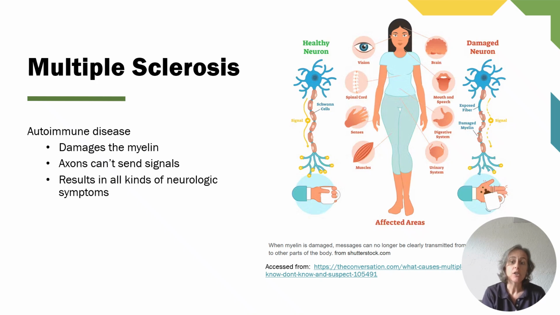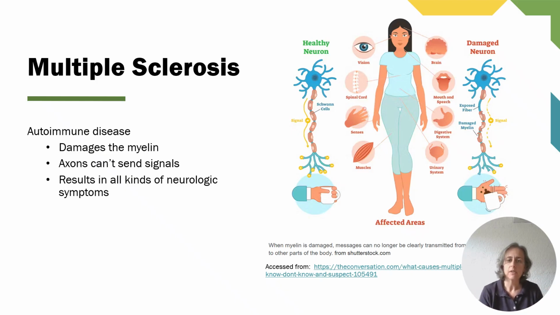Multiple sclerosis is an autoimmune disease. An autoimmune disease is a disease where your own immune system attacks yourself, autoimmune, right? Normally we don't. Normally our immune system is able to recognize, oh, that's one of my own neurons, I'm going to leave it alone. And then, oh, that's a bacterial cell, I'm going to attack it.